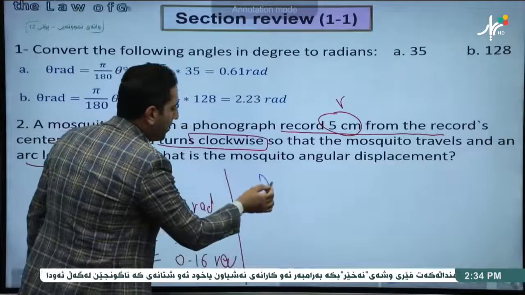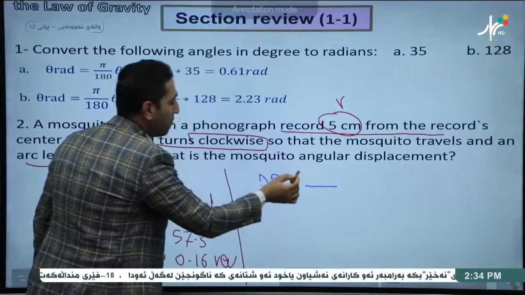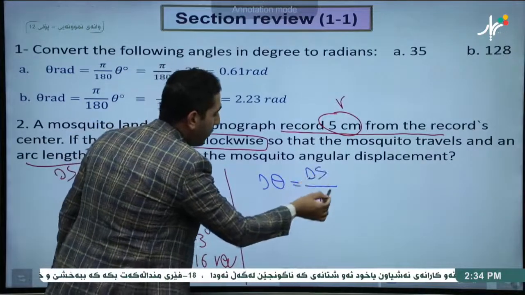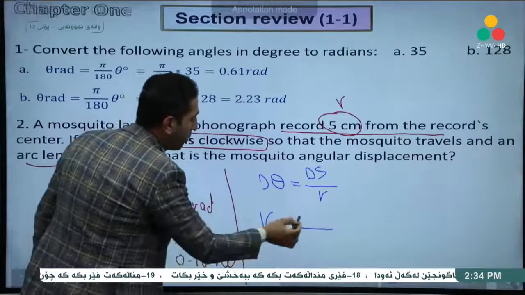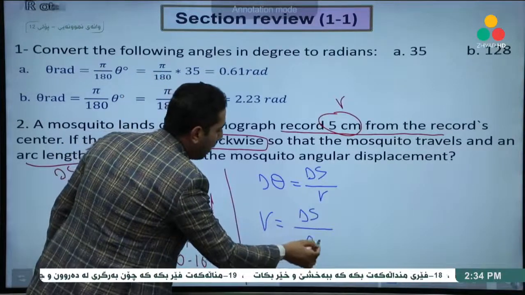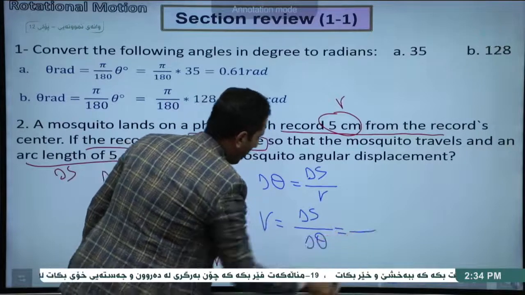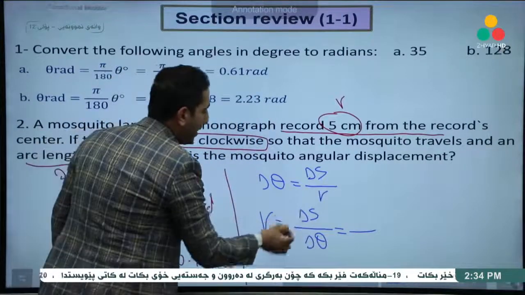You know that delta theta is equal to delta S over R, and R is equal to delta S over delta theta.